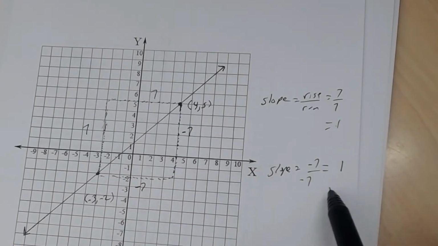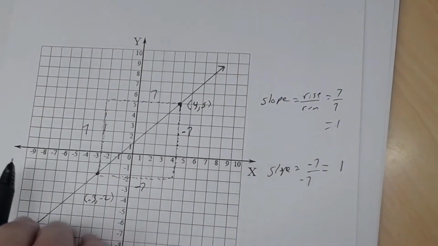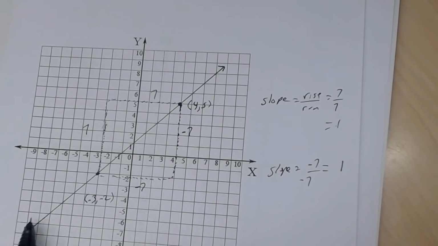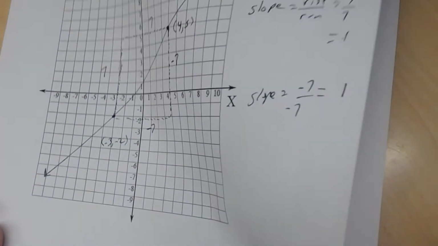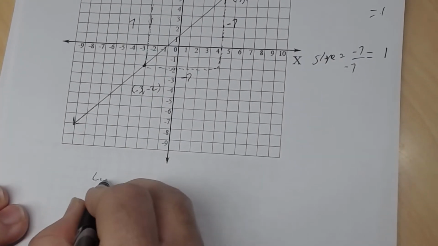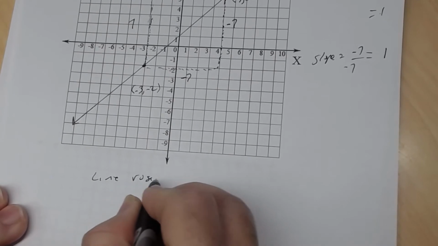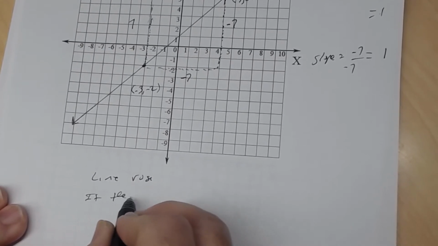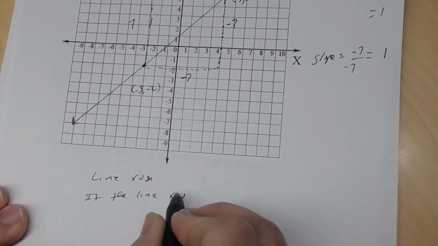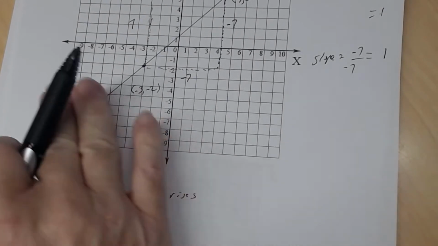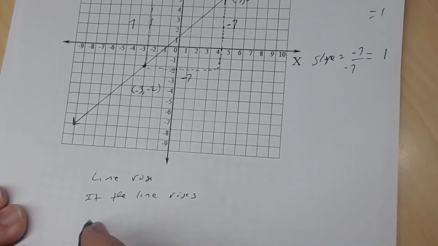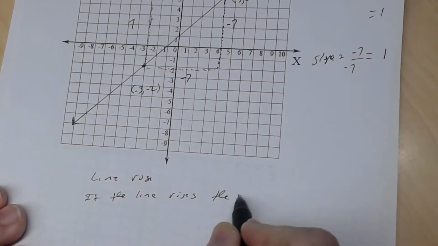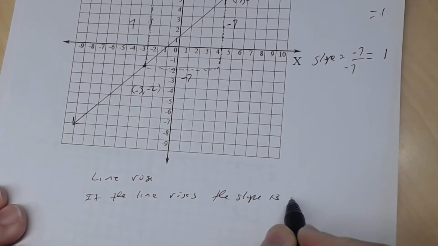So notice the slope was positive. Slope is positive, and that's going to be important. So if the line rises, and we're talking from left to right now, we always go from left to right, if the line rises, the slope is positive.